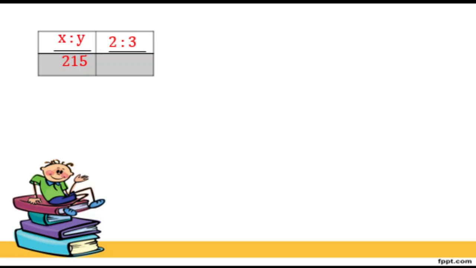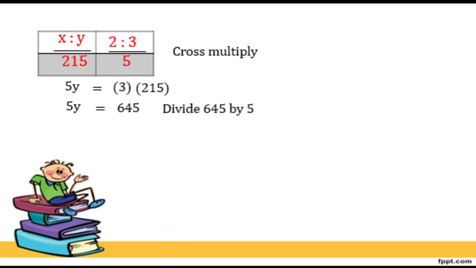Solving for y, so 5y is equal to 3 times 215, and then rewrite 5y. 3 times 215 is equal to 645. Then divide both terms by 5. So we have 645 divided by 5. By the way, 5y divided by 5 is y, and 645 divided by 5 is equal to 129.